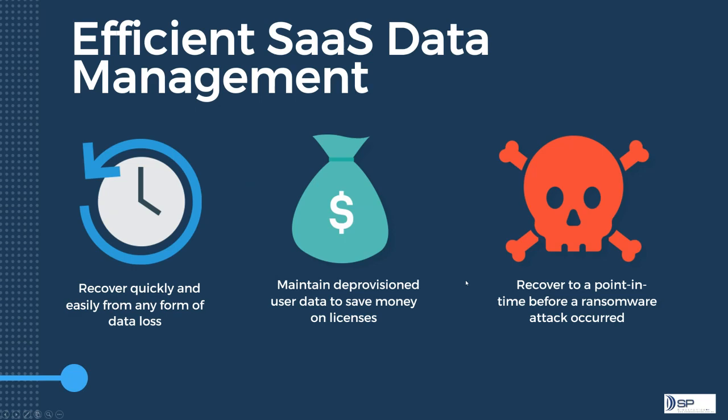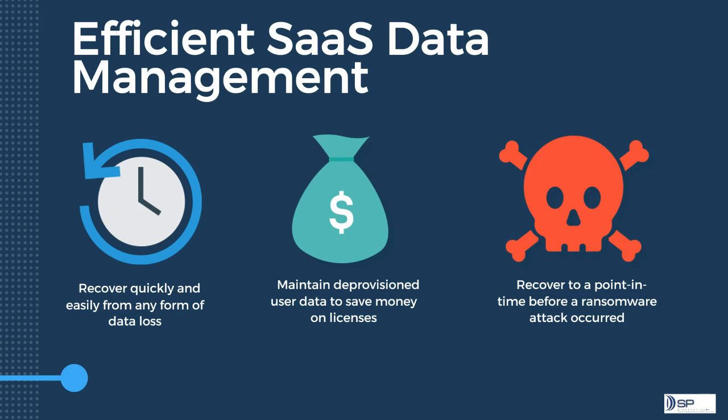So what can it do for us? It provides efficiency around data management. You can recover quickly and easily from any form of data loss, and you can roll back to a period in time. So in the example of ransomware, you have the ability just to go back to the last backup prior to the ransomware attack.